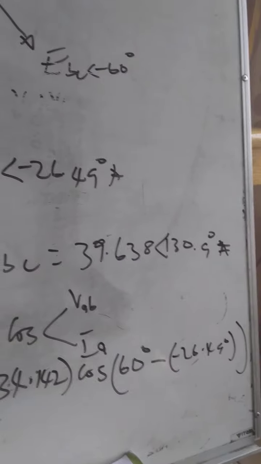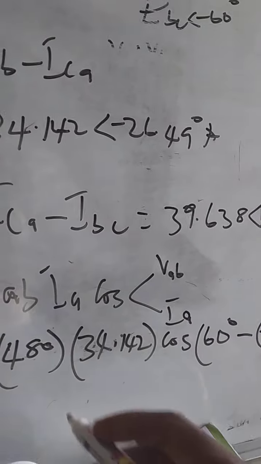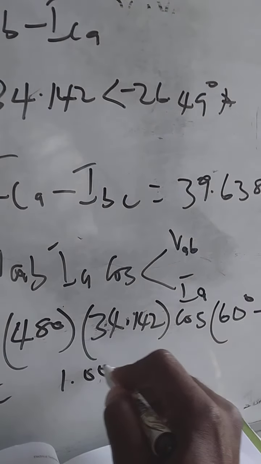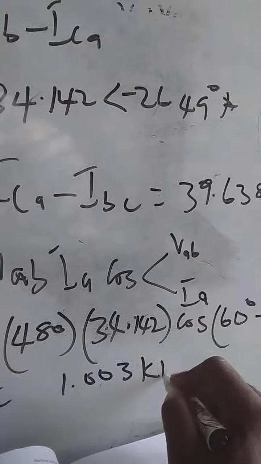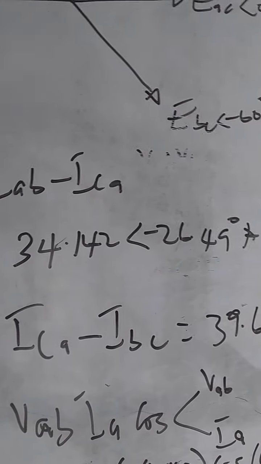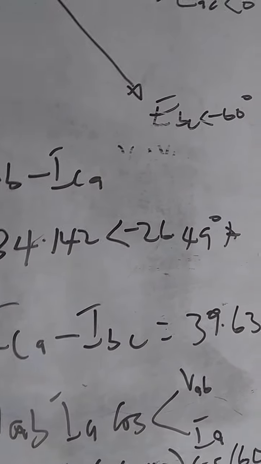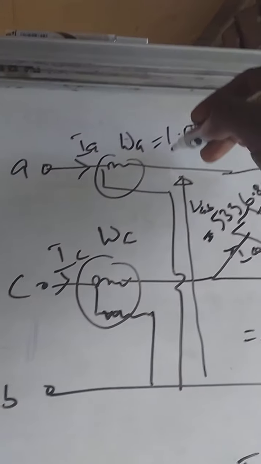When you find that out, you get 1.003 kilowatts. That is WA.